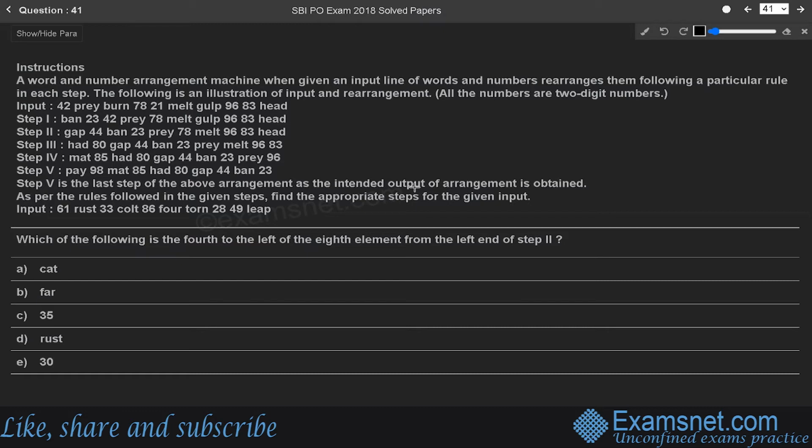Here in step 1, the word with the smallest first letter alphabetically is placed at first position, and all the middle letters are replaced by A. The smallest number is placed at second position and it is increased by 2. A similar pattern is followed in the remaining steps, and finally the words and numbers are arranged in descending order alternately.